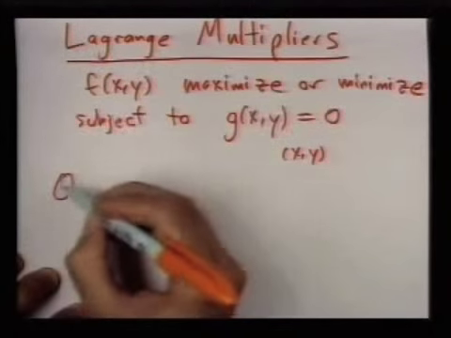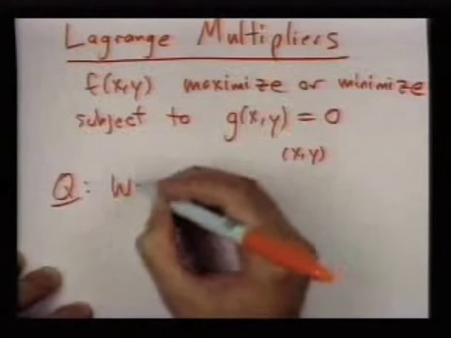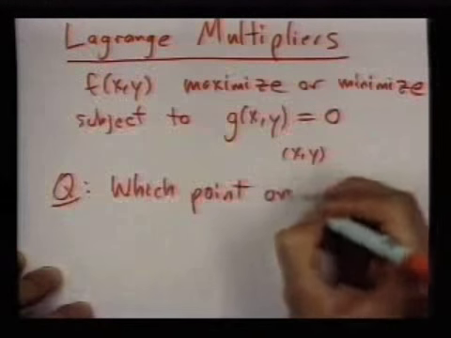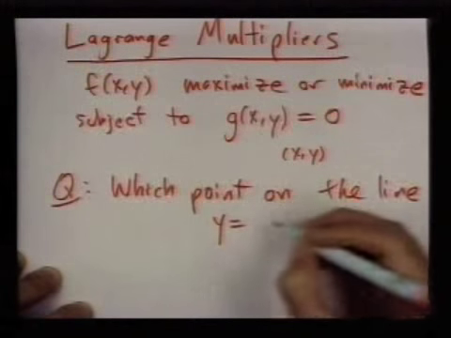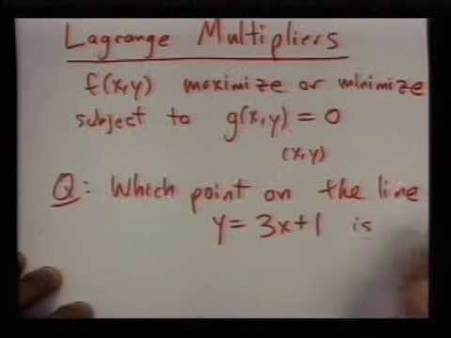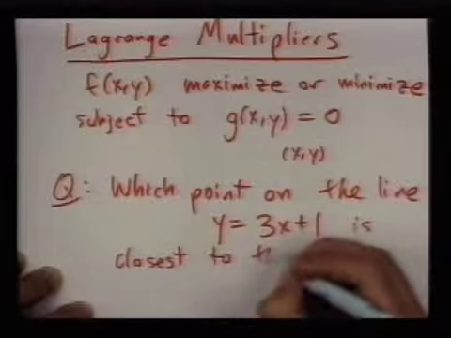So let me be specific. I could ask you a question: which point on the line y equals 3x plus 1 is closest to the origin?